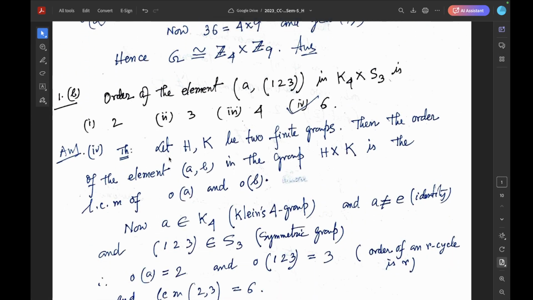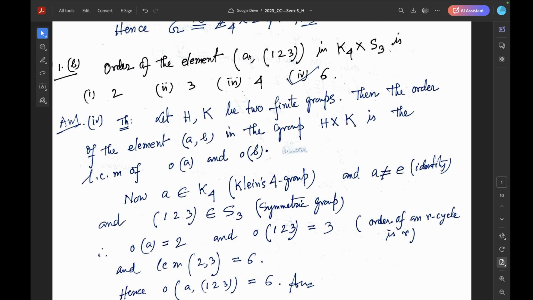Now we have the theorem. Let H, K be two finite groups, then the order of the element (a, b) in the group H cross K is the LCM of order of a and order of b.